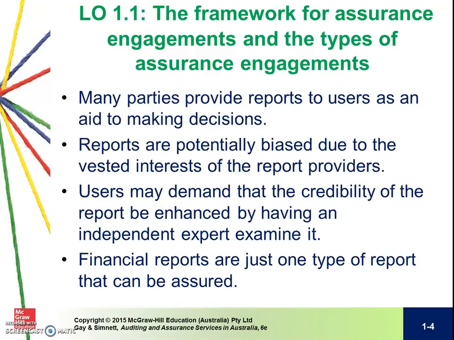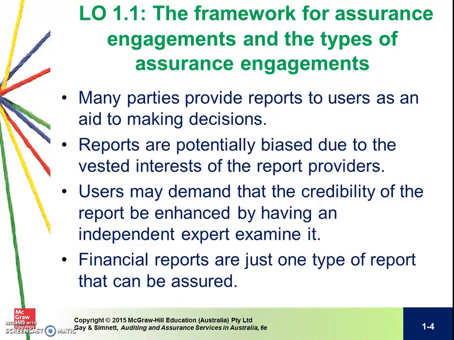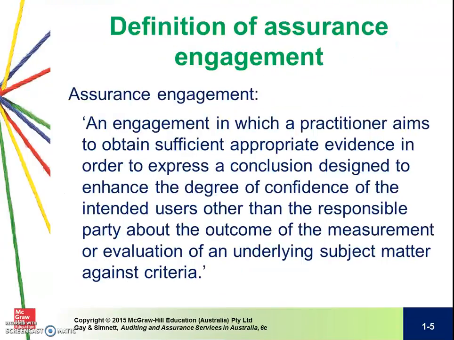Now, this is the framework for assurance engagement. I want to jump to the definition of engagement, because you need to understand what an assurance engagement is before you are able to understand the framework. So, pause here and have a look at the definition. Tell me what the keywords are.